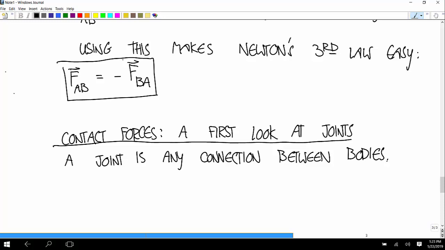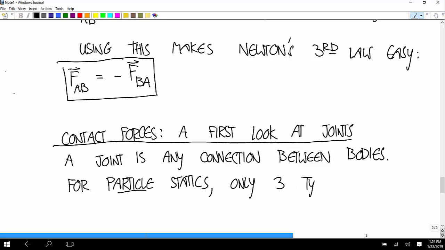They're just going to be ways bodies can push against each other. So for particle statics, there are only 3 types.